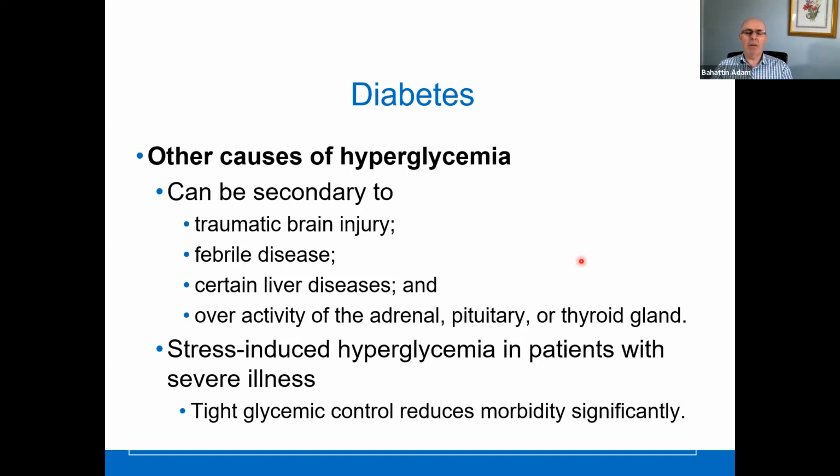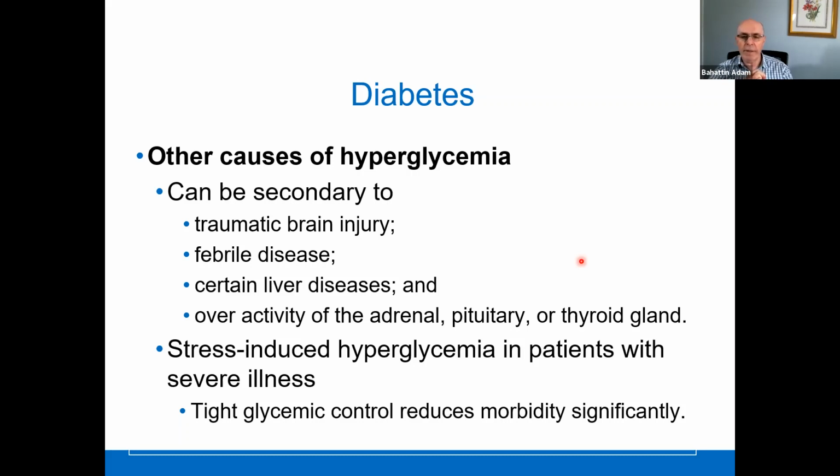Now, other causes of hyperglycemia, which we call secondary hyperglycemia, can be due to traumatic brain injury or febrile diseases, certain liver disease, or overactivity of the adrenal, pituitary, and thyroid glands.